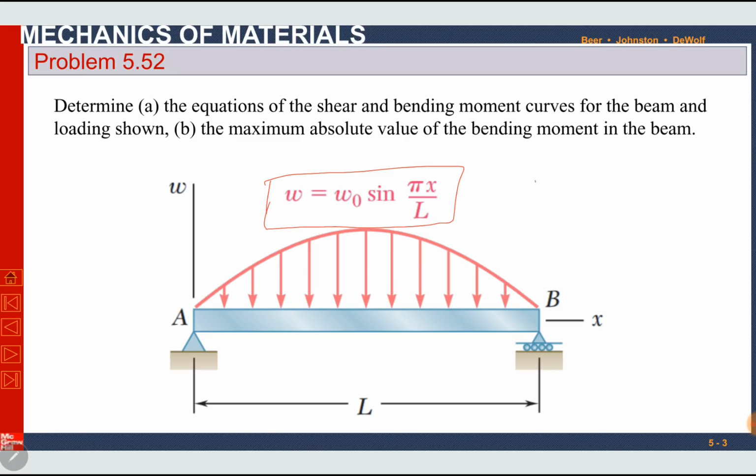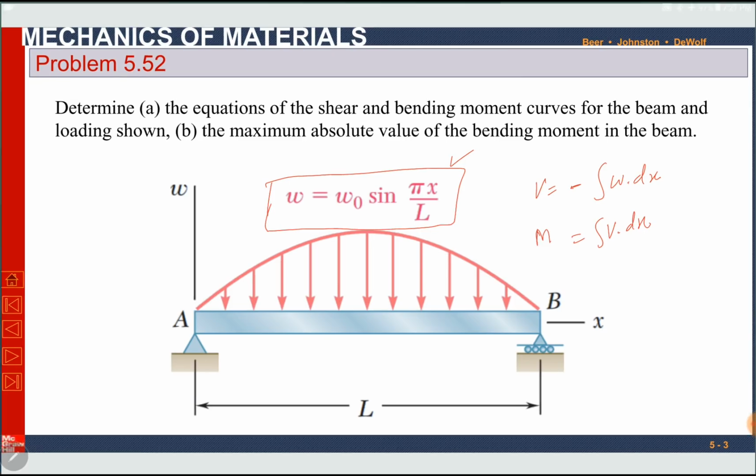So we know that shear force is integral of negative load and bending moment is integral of shear force. So here we have been given with the expression for load. So we can simply integrate it twice. With the first integral we will find shear force, and with the second one we will find bending moment.